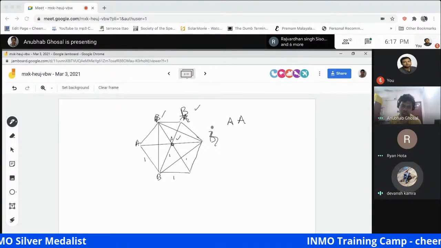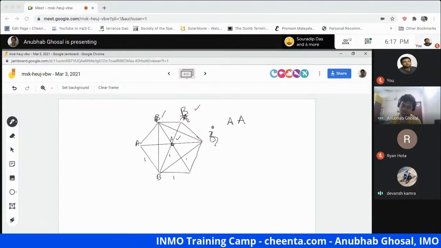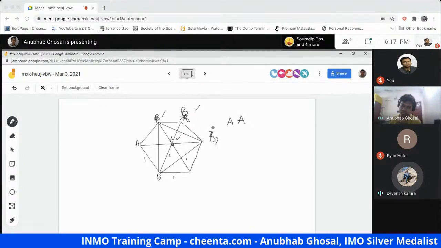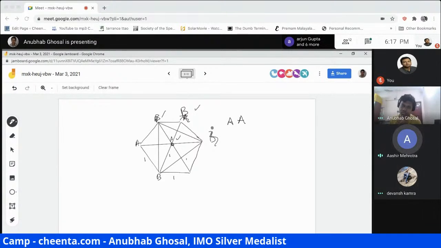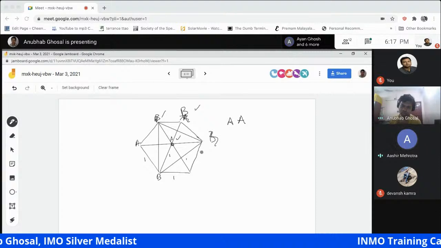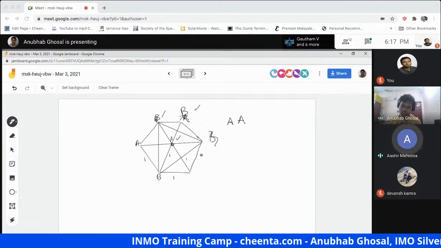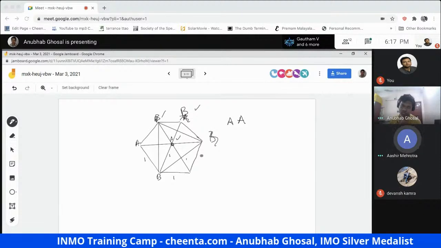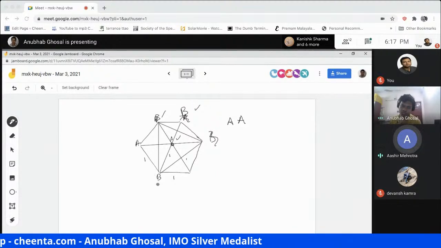I have tried this. I think in a hexagon setting, there is a possible configuration where none of the conditions is satisfied. Let's say the top left corner is B, the right one is B, and the bottom left one is A. Then our condition won't be satisfied, right?